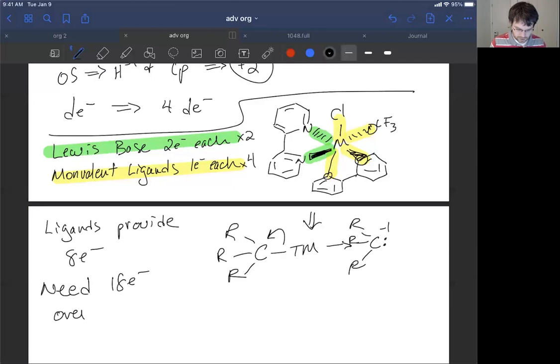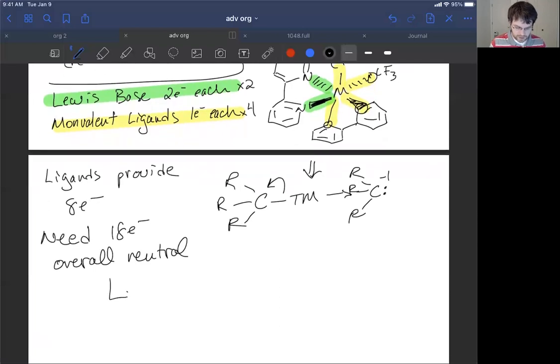We're overall neutral. So that tells me that we then need 10 electrons from the neutral transition metal. And if that's the case, we have our group 10 elements, which are everybody's favorite nickel, palladium, and platinum.